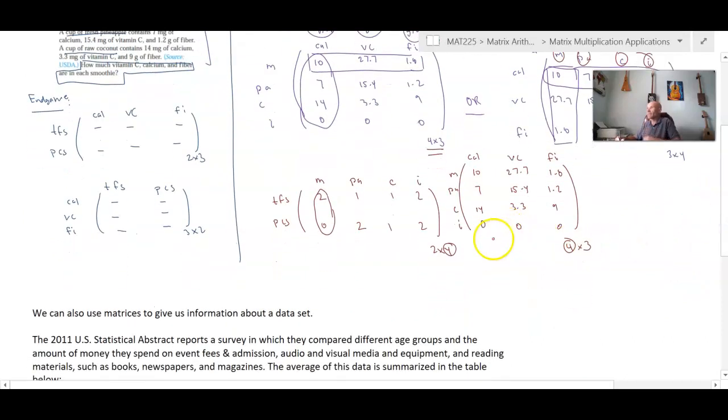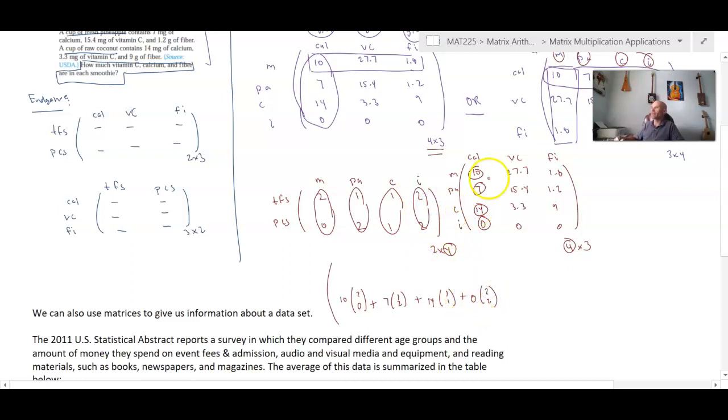Okay, multiplying these together, it's going to be a bit of work here, but it'll be 10 times 20 plus 7 times 12 plus 14 times 11 plus 0 times 22. Now let's think about what these mean.